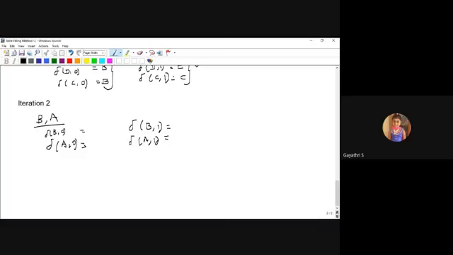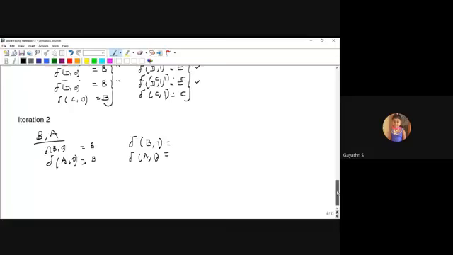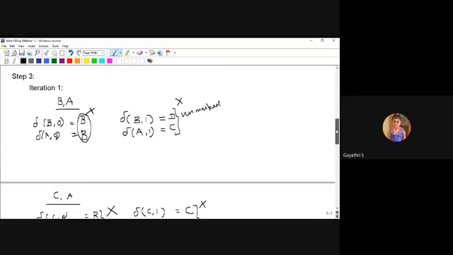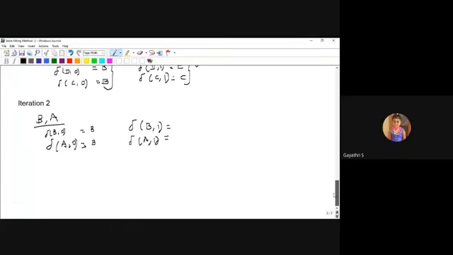What is del of B comma 0? B only. Del of A comma 0 is also B only. As we have already done in iteration 1, this is DB, DC. Del of B comma 1 is B only. Del of A comma 1 is C only. So this is a B combination, just omit this.